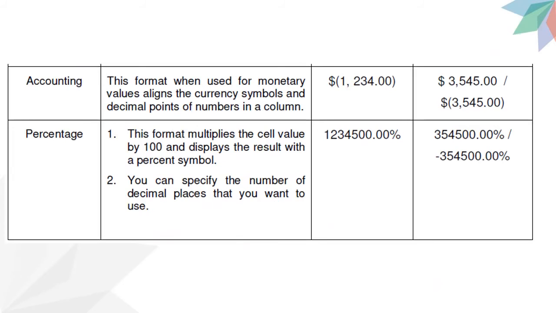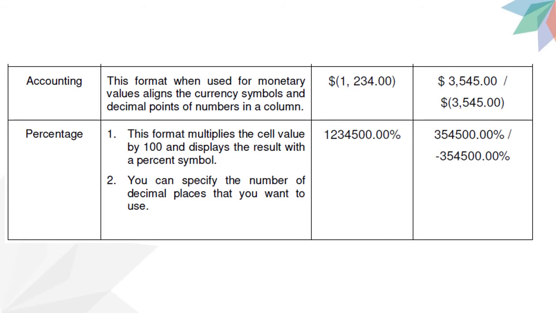The next format is the accounting format. This format, when used for monetary values, aligns the currency symbols and decimal points of numbers in a column. The number will appear as per the format codes selected. The next format is the percentage format.